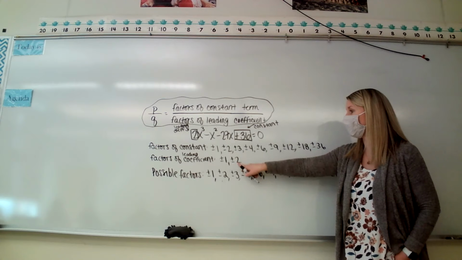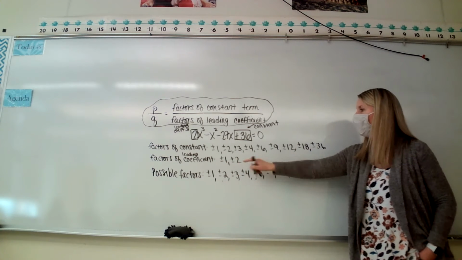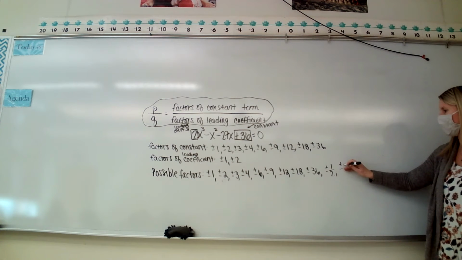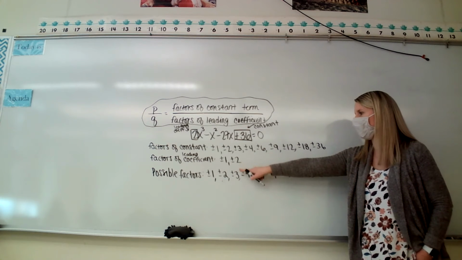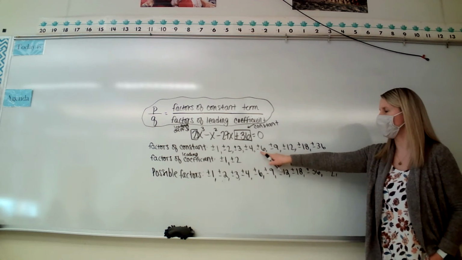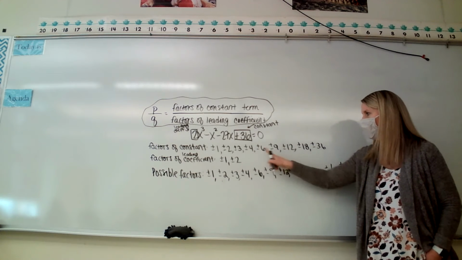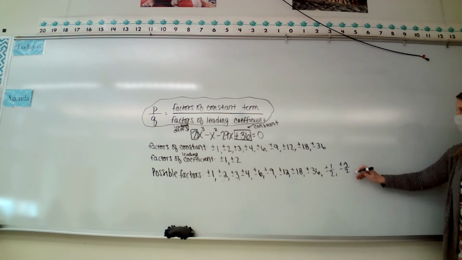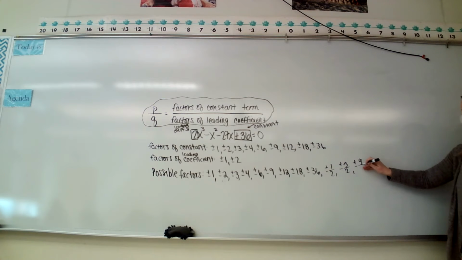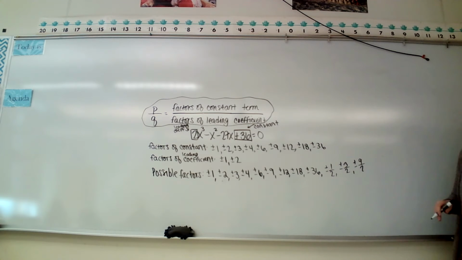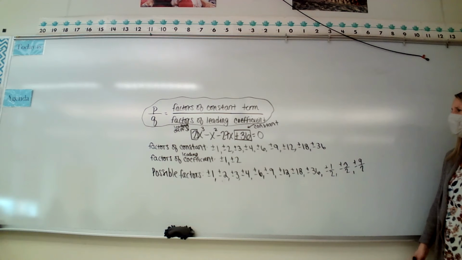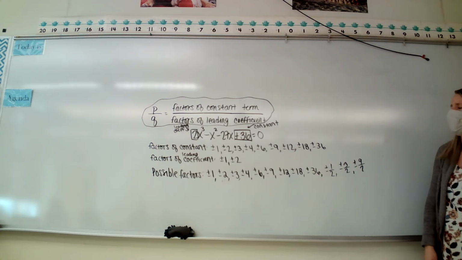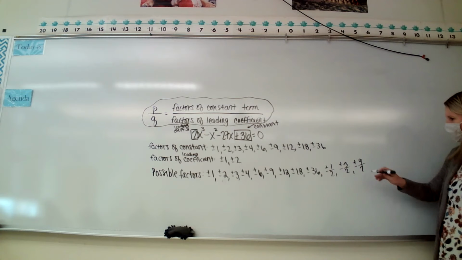So since 2 over 2 is 1, we're good. 3 over 2, okay, I need to write that. 4 over 2 is 2, we're all set. 6 over 2 is 3, we're all set. 9 over 2, that'll be a fraction. 12 over 2 is 6, 18 over 2 is 9, 36 over 2 is 18.